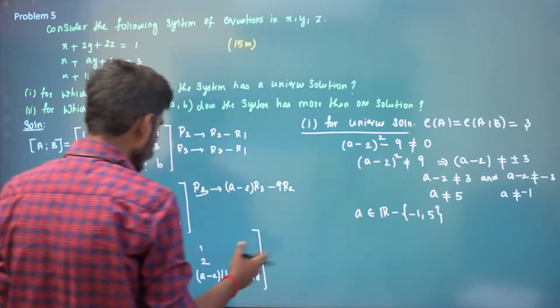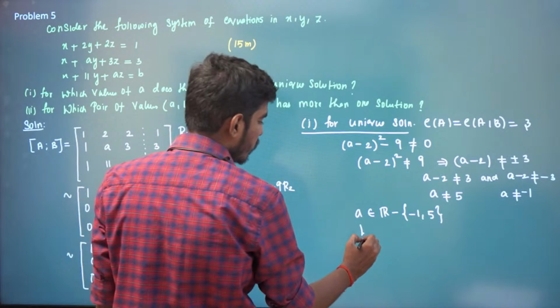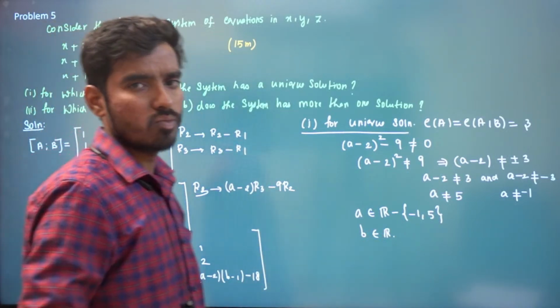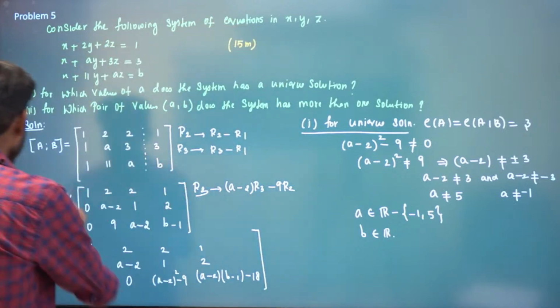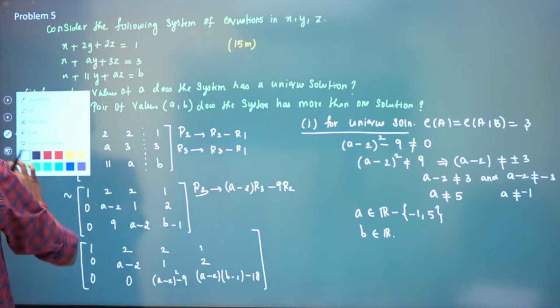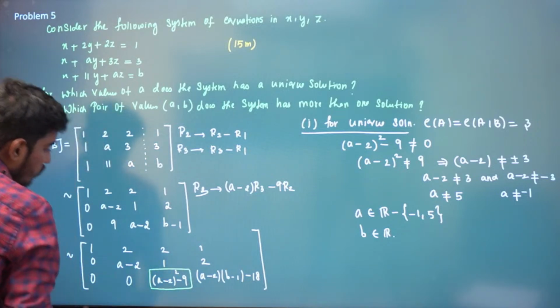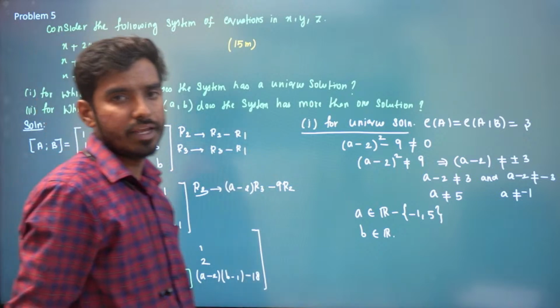And I don't care about the value of b, b can take any real number. Because if this number is non-zero, that alone is enough for a unique solution.